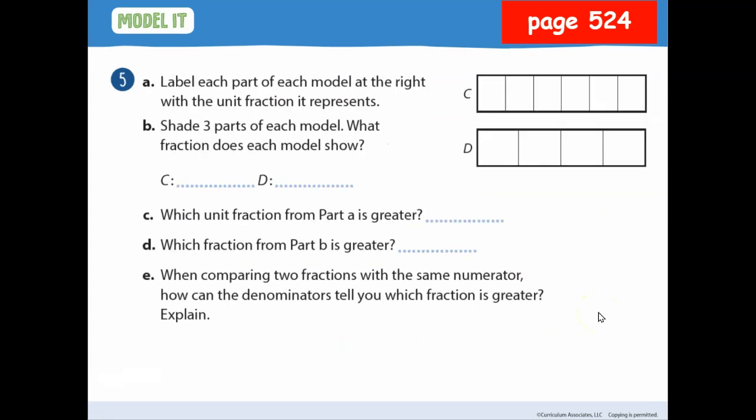It says label each part of each model at the right with the unit fraction. So the unit fraction is going to be the same thing on each square. First of all, what's going to be my denominator on letter C? 6, because there's 6 sections.